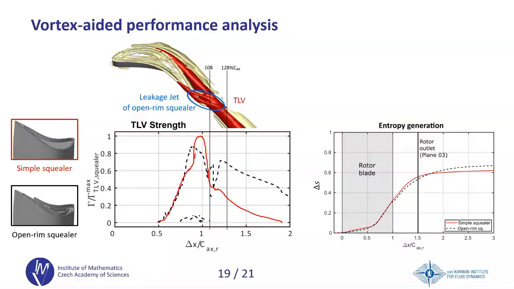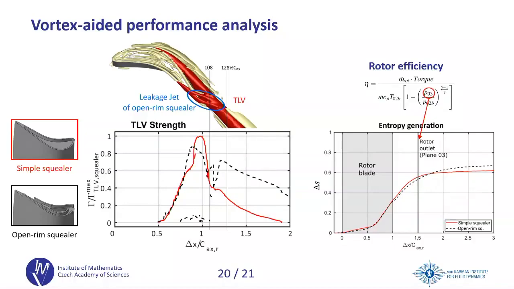But when we evaluate our efficiency, we have to do this between two planes. So we define one plane upstream and another plane downstream of the rotor. In our case, the downstream plane was located here. In this plane, the entropy generated by the tip leakage vortex of this open rim blade is lower because the dissipation is delayed.